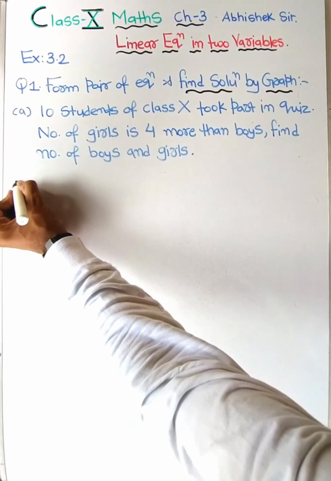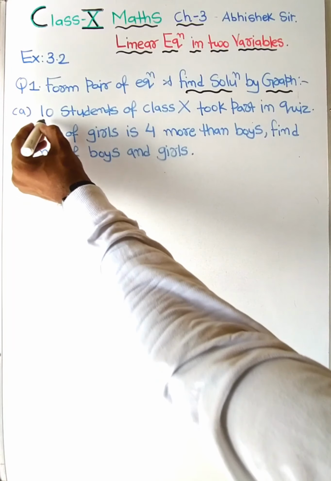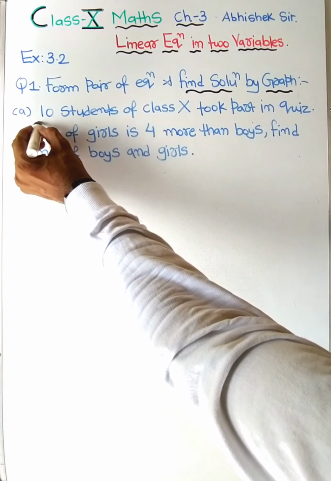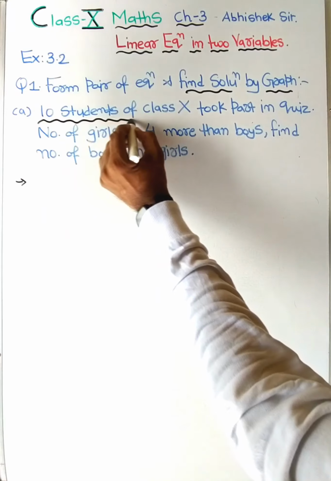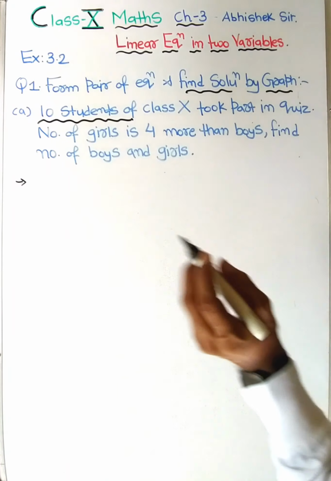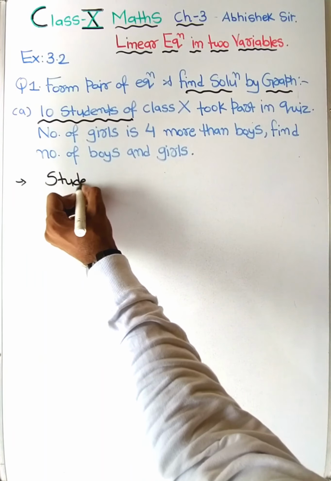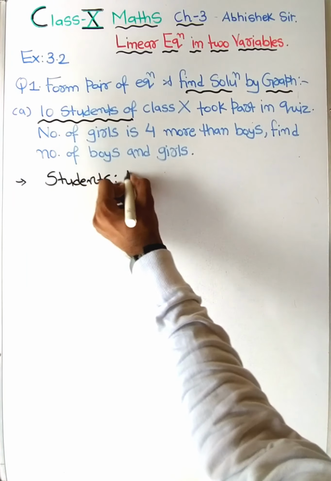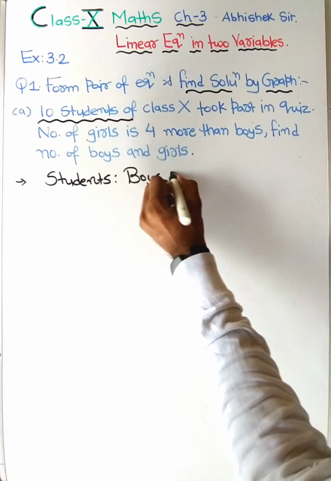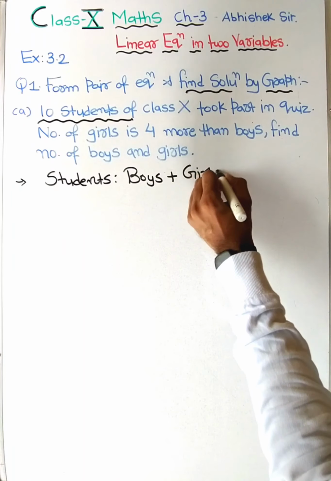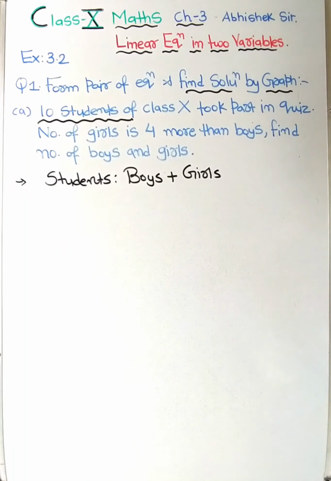Now here, the first hint is given already: 10 students of class X. That means those students will comprise boys and girls. So the number of students is given, that means the total is given.